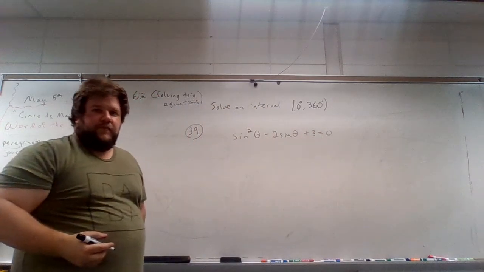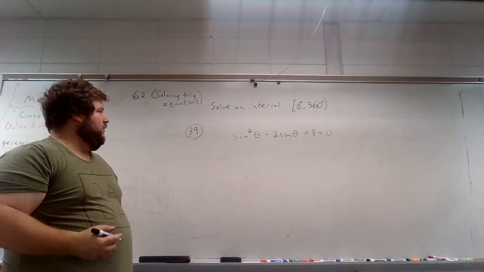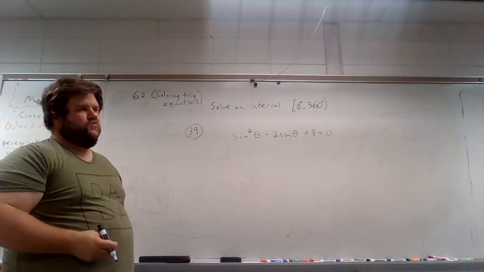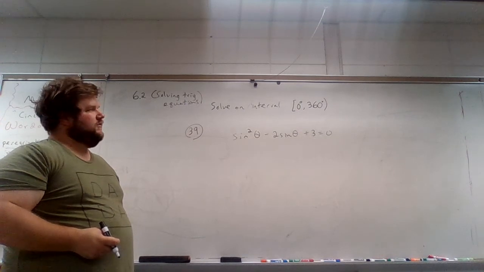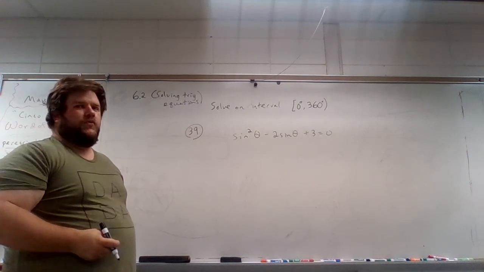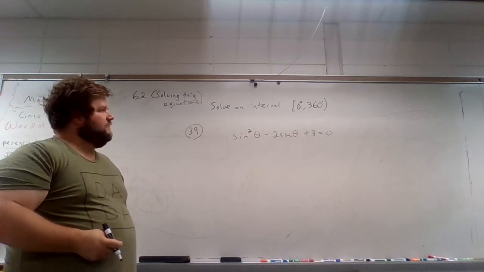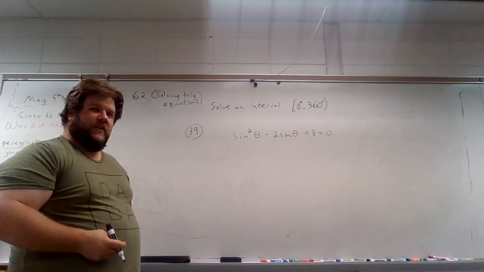And we want to solve this one. Okay. So what numbers multiply to 3 and add to negative 2? I don't think any. So you can't factor. What do you do?